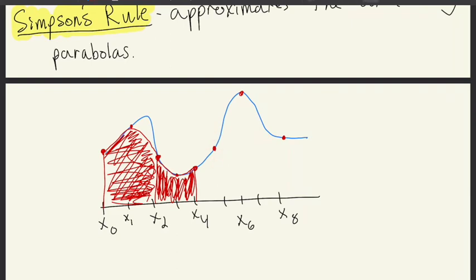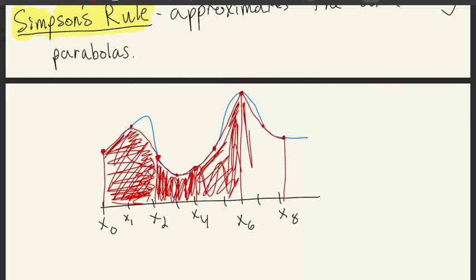Here, you can't really have this be the minimum, so you just connect the dots as a parabola. And then same thing with the next one. Again, that can't be the minimum, so you just connect the dots.